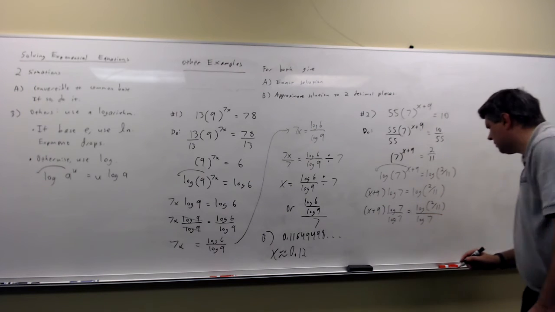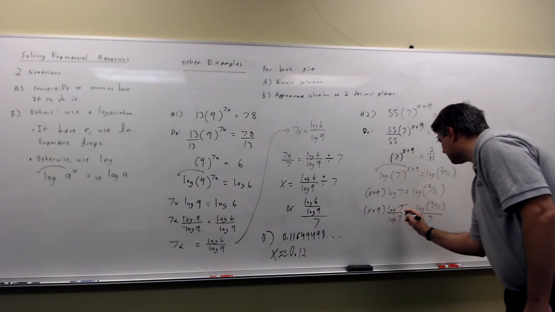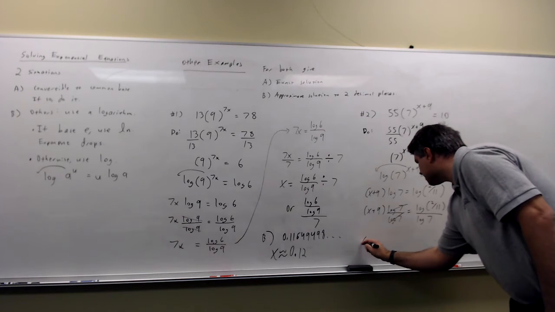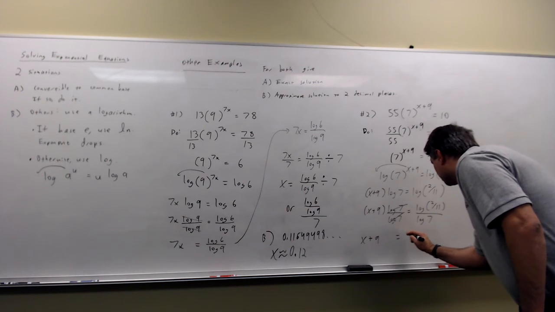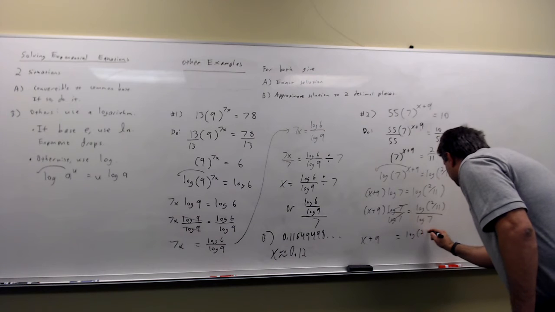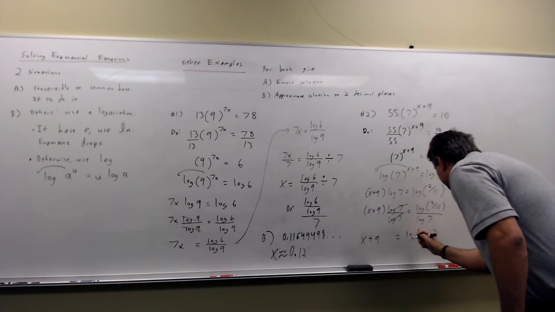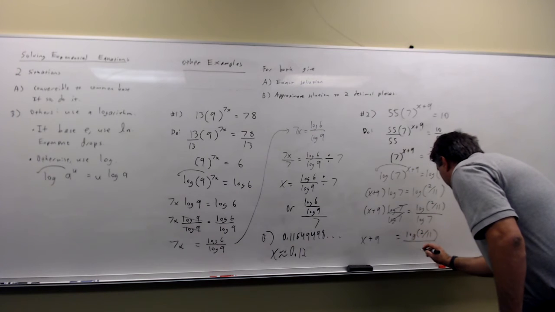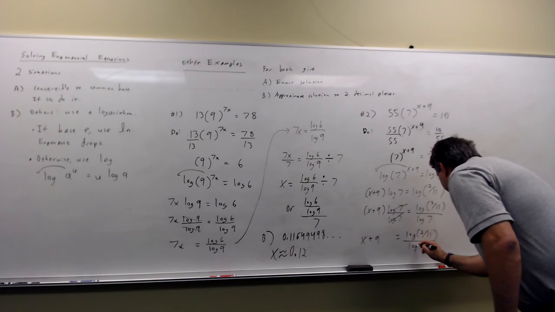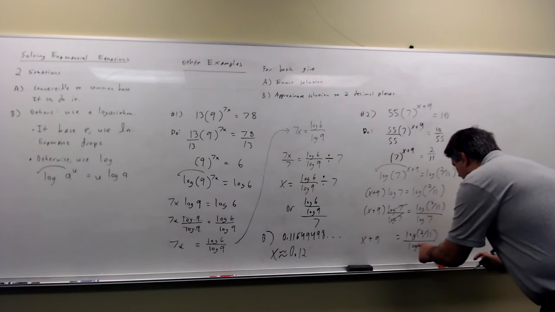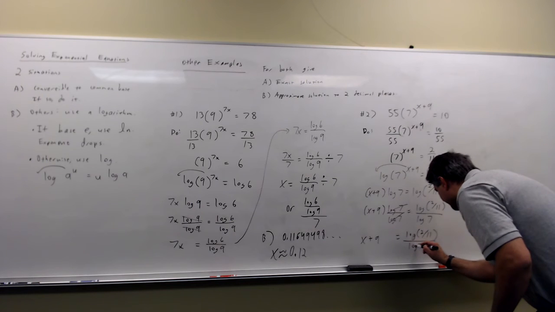Like so. Okay, these cancel. That's what they're supposed to do. We end up with x plus 9 equals log of 2/11 over log 7. I'm going to copy this exactly as is up here.